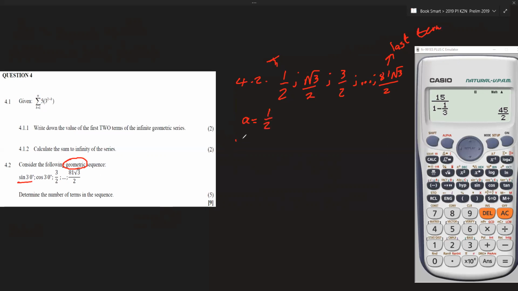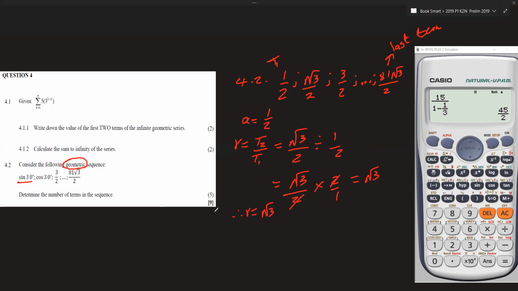Then remember our R, we get it by dividing term 2 by term 1, which is square root of 3 over 2 divided by half. You can just press this on a calculator, but we can also see that the 2 cancels with that 2. Therefore R is square root of 3.